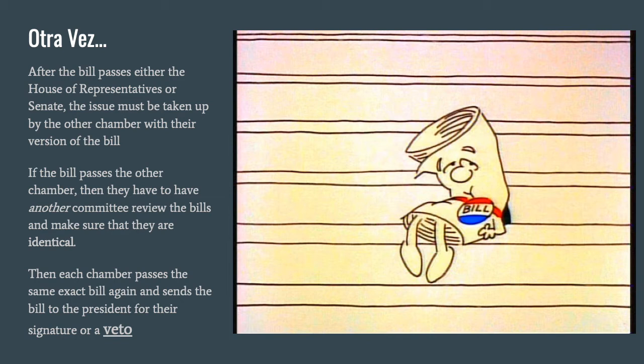And then there's another committee where they take the House of Representatives version and the Senate version and mash them together, and make sure that they have the identical language, because it has to be literally the identical wording in both bills. So they mash them together, they go back to the House and back to the Senate, they get voted on, and if they get passed again, then they go to the executive to either be signed into law or to get vetoed.